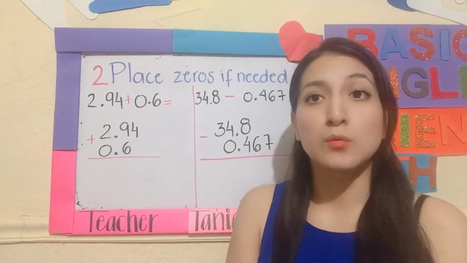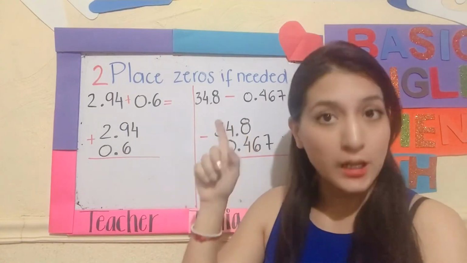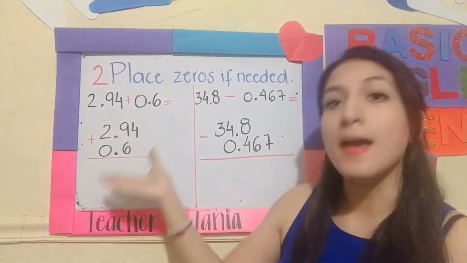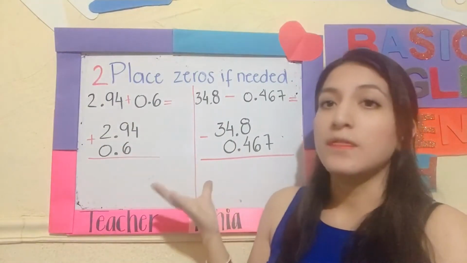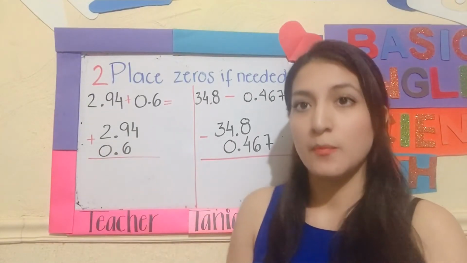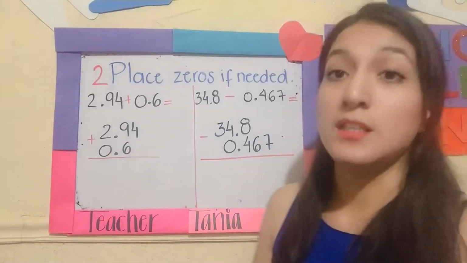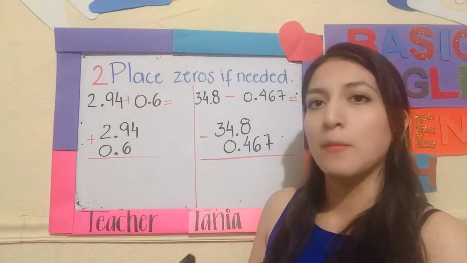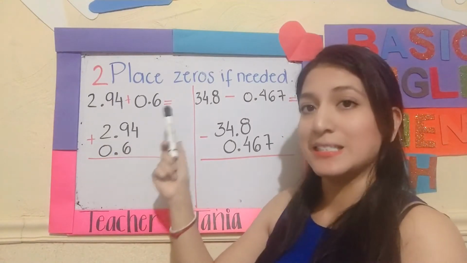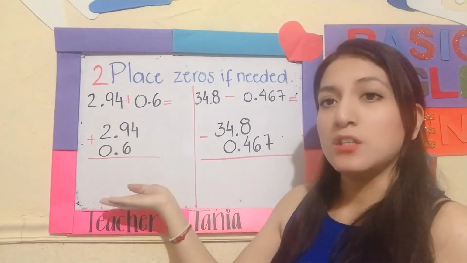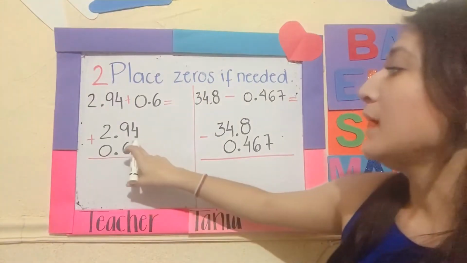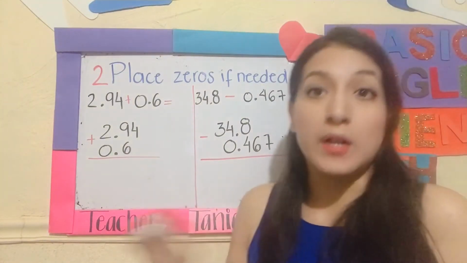For this second rule, which is place zeros if needed, I used two examples, an addition and a subtraction. I think it's much easier to understand if you see a comparison. For the first example, which is the addition, we have the same example as before, 2.94 plus 0.6. We already have the addition with the numbers lined up, and we have a spot here without a number.